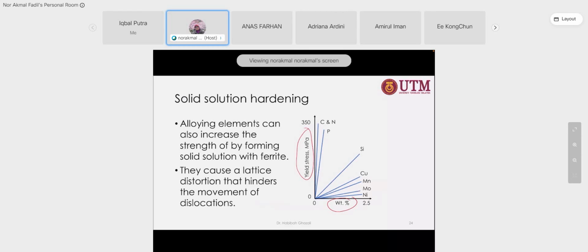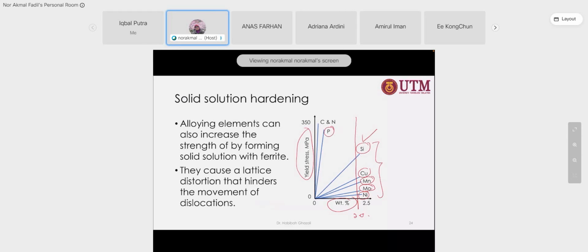If you add nickel, at the same amount, for example 2.0, compared with molybdenum, manganese, copper, and silicon, you can see they produce different strength. Among these five elements, silicon shows the highest yield strength.